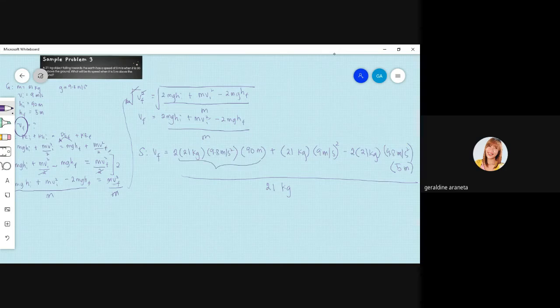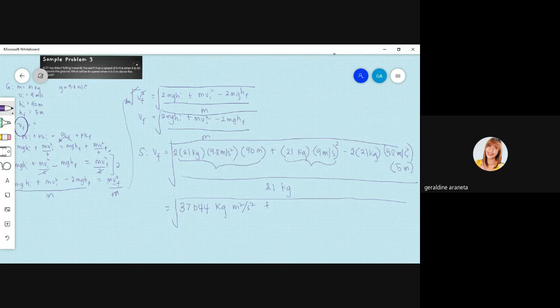Ito munang nasa unahan. 2 times 21 times 9.8 times 90. 37,044 kilogram meter squared over second squared. I forgot. That should be square root. Square root pala dapat. My bad. Okay? Square root plus, ito naman ang isimplify natin, 21 kilograms times 9 squared. Remember, naka-square yun ha.